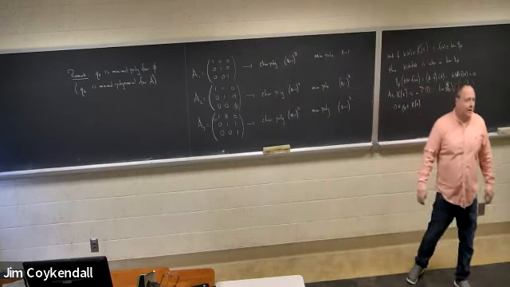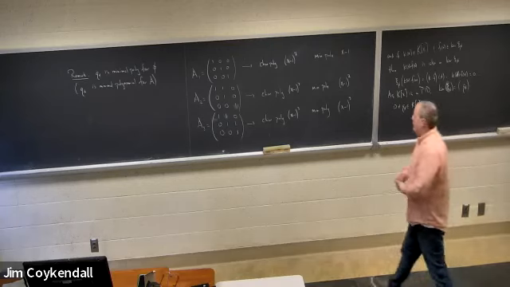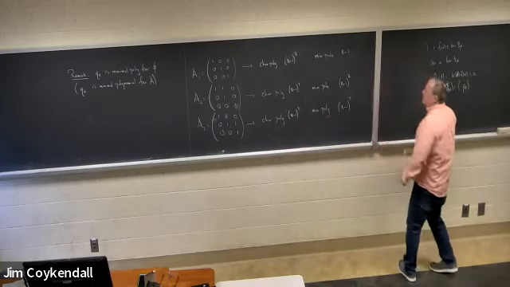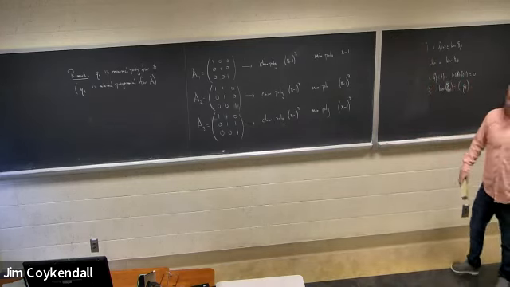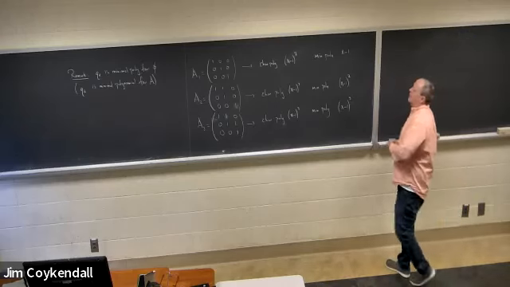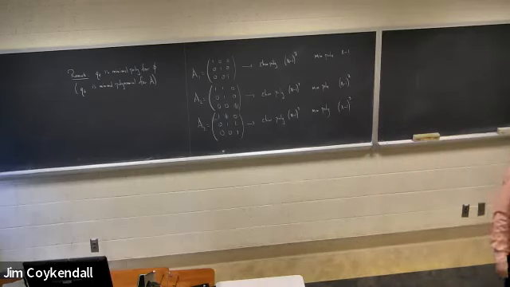Sorry, how are you finding the minimal polynomial? I'm using brute force. I just happen to know. Well, I'll go through that if you like. So is it clear to you that the top one has minimal polynomial x minus 1? I guess I'm not sure what the minimal polynomial is. So here's the thing: the minimal polynomial is the smallest polynomial with respect to degree that the matrix is a root of, right?